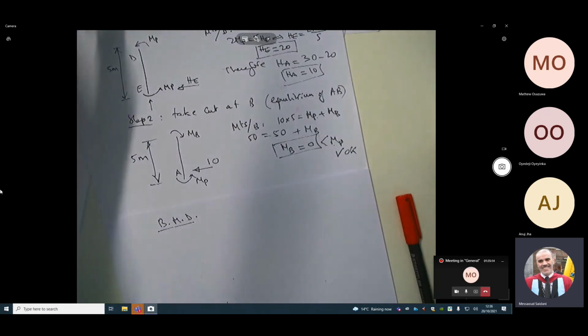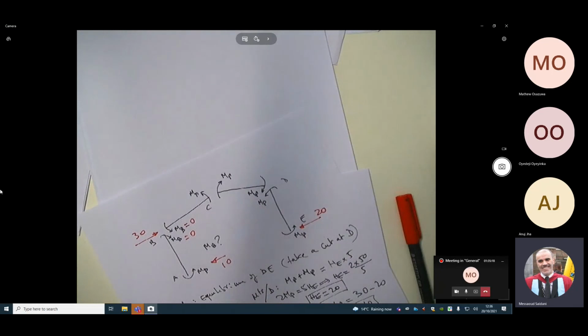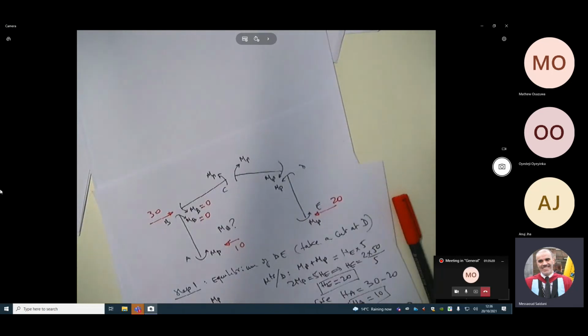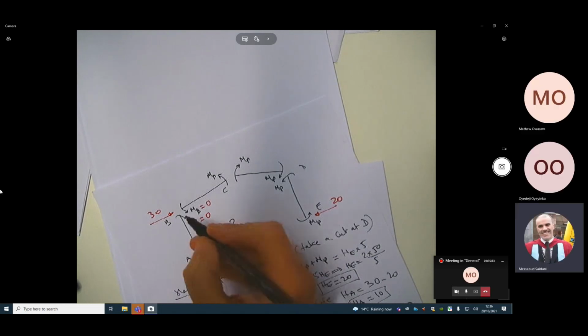Look here. Can I have attention? When you draw the bending moment diagram, always plot the values on the side of the member where there is tension. So if you look at A, where is the tension? Left or right?